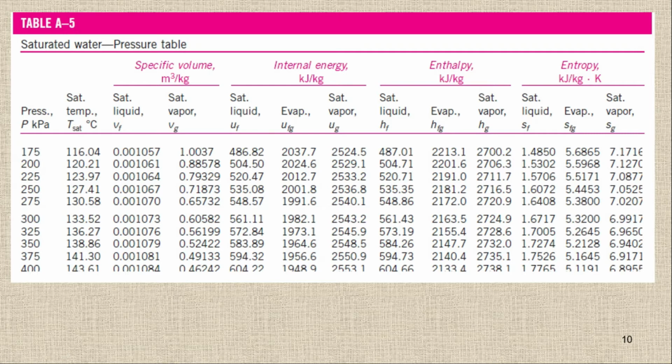So we have different tables, and you have to use them accordingly. Right now we have 300 kilopascal and saturated vapor, which is somewhere here. That's why I'm using the saturated water table A5, since pressure is given. If the temperature is given, then I'll use A4.